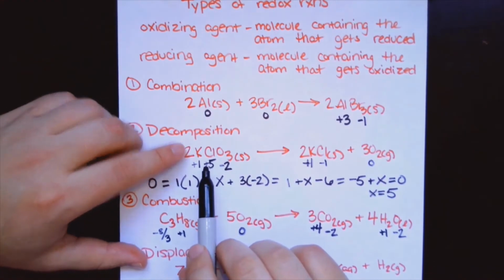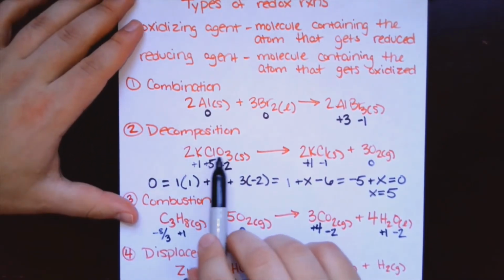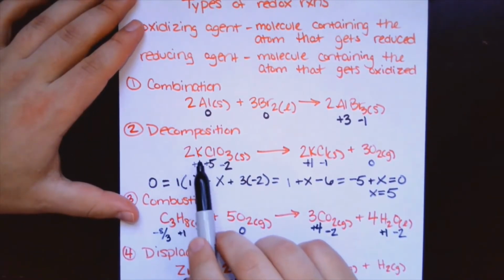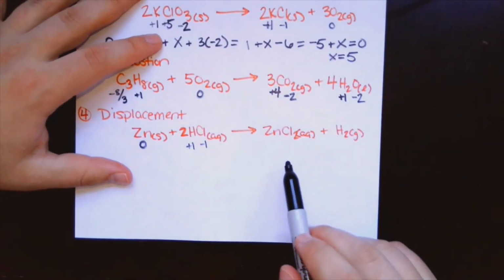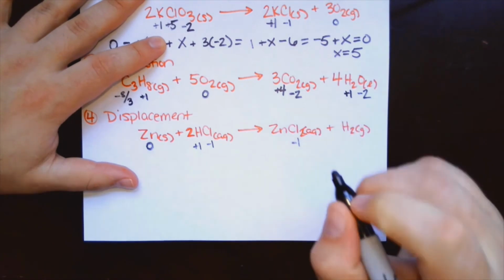For instance, up here, chlorine couldn't be -1 because it was forbidden by both the group 1 metal rule and the oxygen rule. But here it's not forbidden by any of the rules, so we can make that -1.